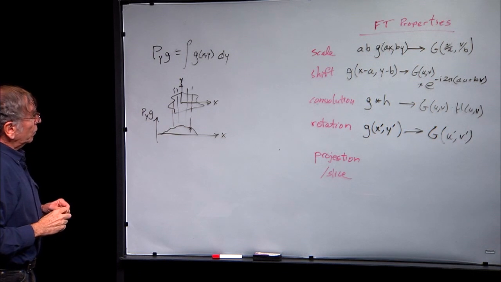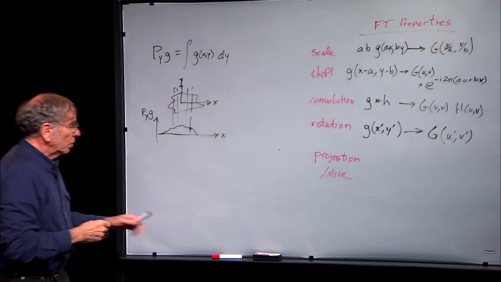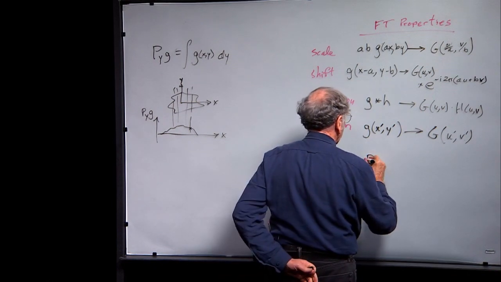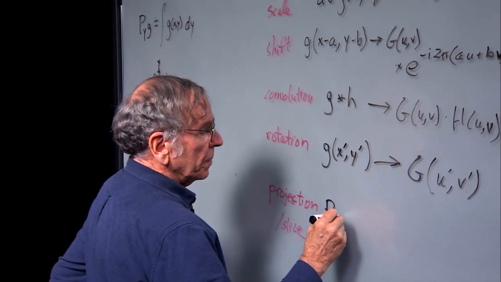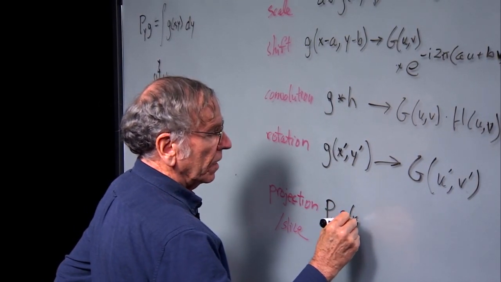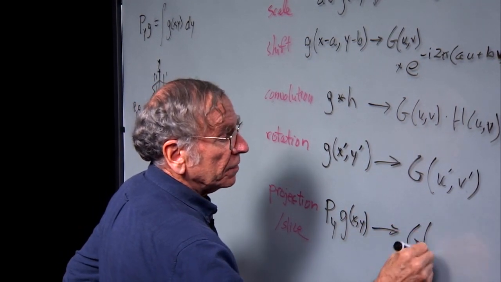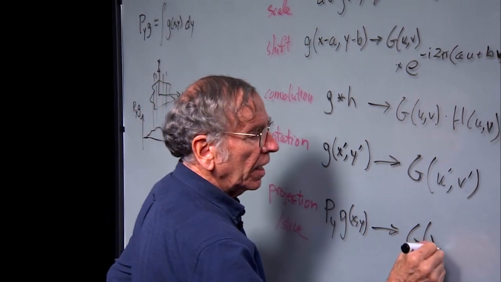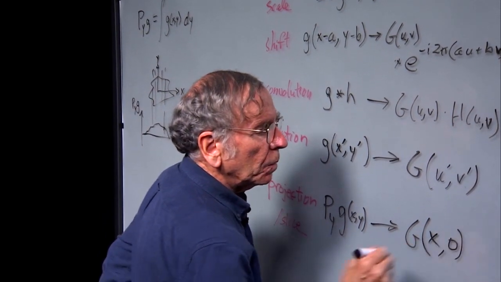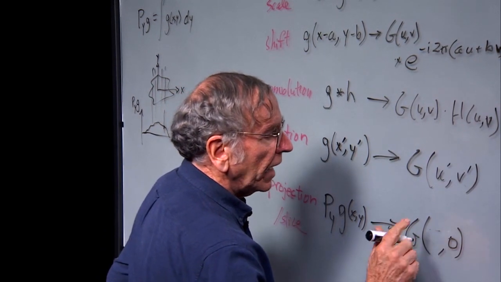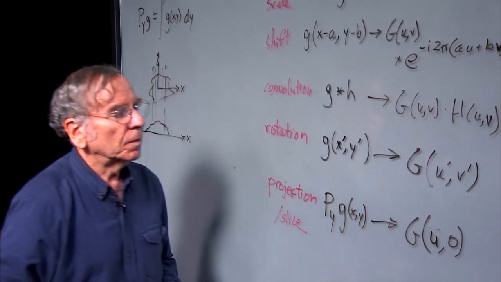So the really cool result is that a projection P sub y operating on g of x, y transforms to the Fourier transform of g with the v value set to 0.